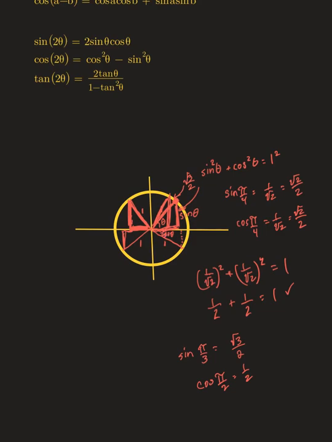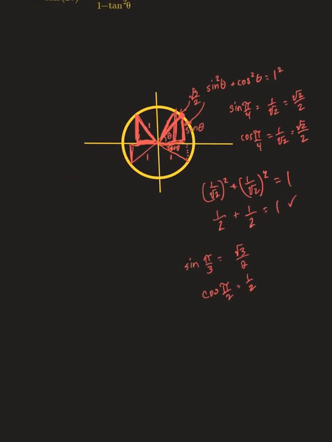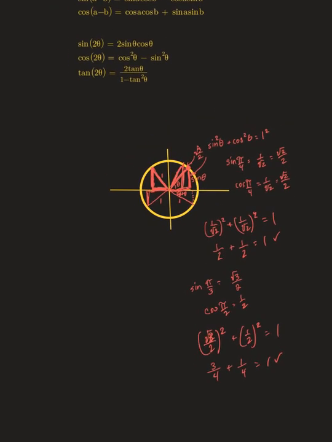Well, let's see. Sine squared theta, so root 3 over 2 squared, plus cos squared theta, 1/2 squared, is equal to, let's see if it equals 1. Root 3 squared is 3, 2 squared is 4, 1 squared is 1, 2 squared is 4, 3/4 plus 1/4, sure enough, equals 1. And it'll work for any angle. You name the angle, it'll always work.